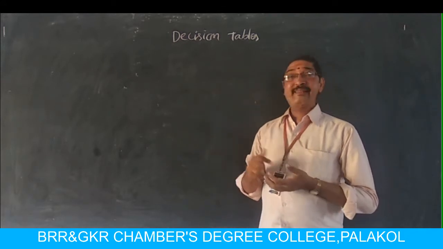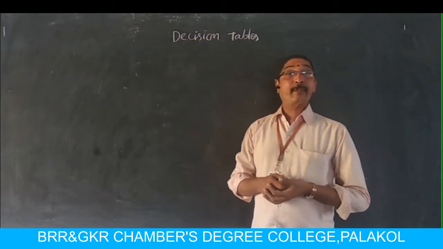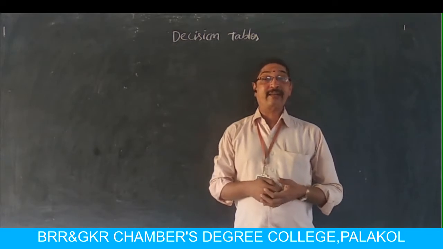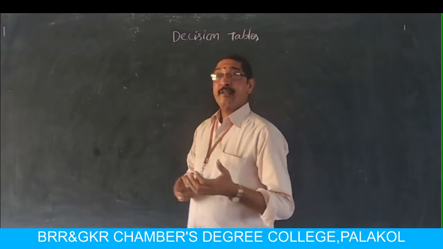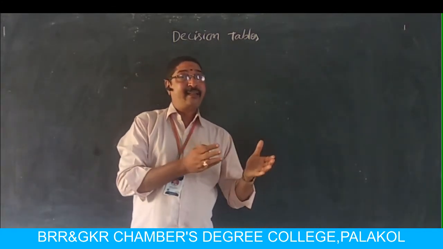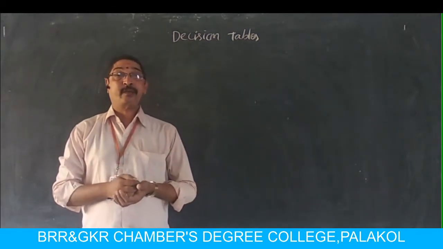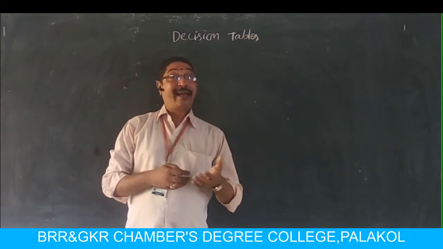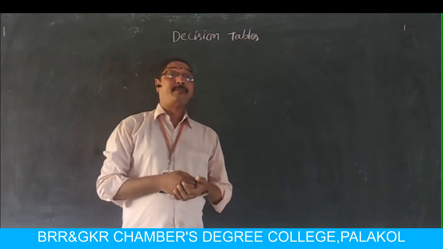Similarly, a decision table represents conditions and the respective actions. We will have several conditions. If the condition is like this, what is the action to be performed? That we can decide here, and we must address all those actions in a tabular form.